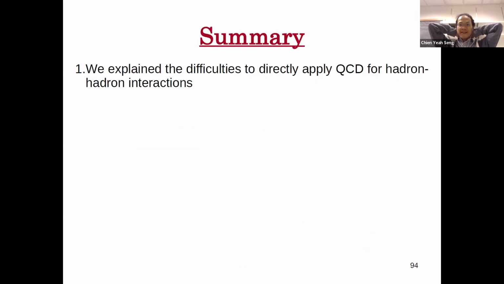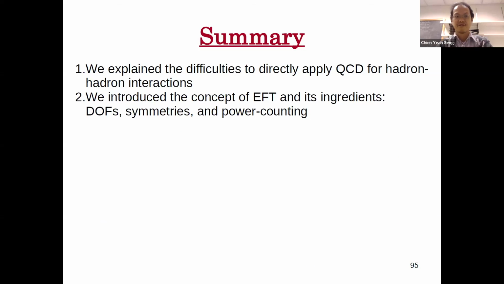So yeah, this comes to my summary. We have explained why it is difficult to directly apply quantum chromodynamics to study hadron-hadron interactions, and therefore, to overcome this issue, we need to introduce a more practical computational method, which is effective field theory, and then we introduce its ingredients: the degrees of freedom, the symmetries, and the power counting.